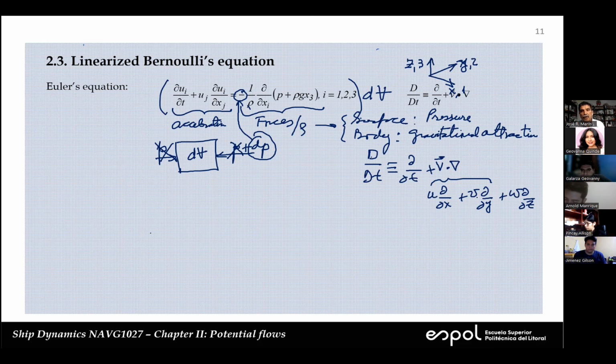So when you do this product, that's what it means. You check, as you move in the x direction, how much the velocity changes in this direction. That's an acceleration.